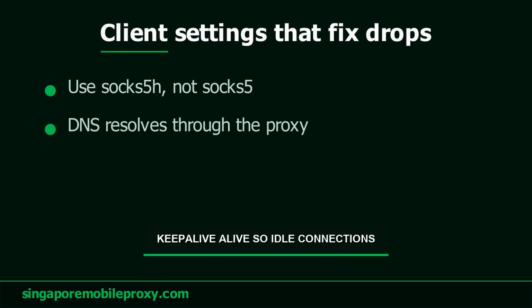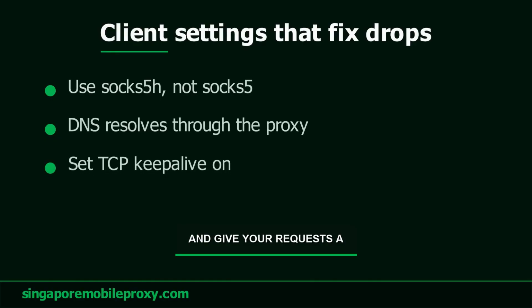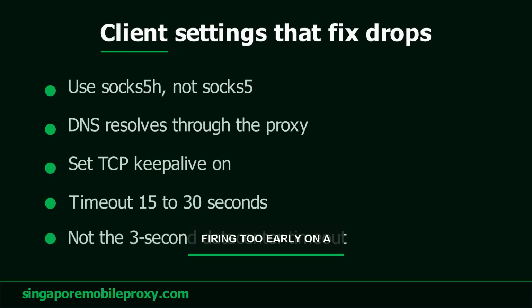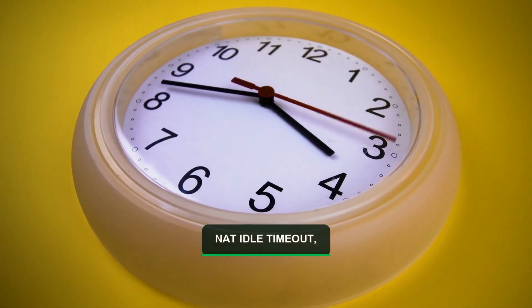Set the TCP keep-alive so idle connections do not get silently reaped. And give your requests a real timeout, 15 to 30 seconds, not the 3-second timeout that works on a data center proxy. A lot of disconnects are just a client timeout firing too early on a connection that was about to respond.